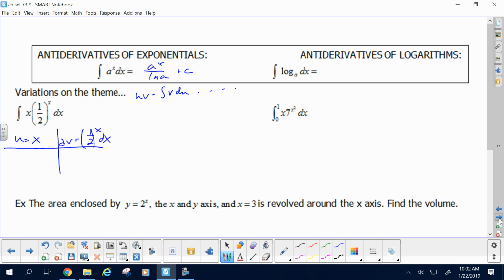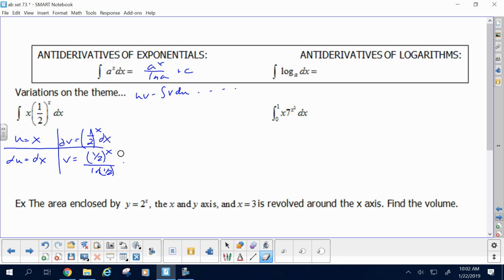So he was right in doing it. du is dx and v. Well, that goes to the antiderivative we just learned. What's the antiderivative of (1/2) to the x? a to the x over natural log of a, so that is (1/2) to the x over natural log of 1/2.